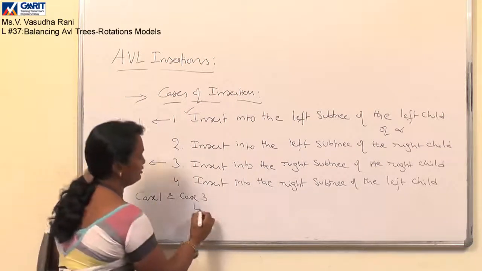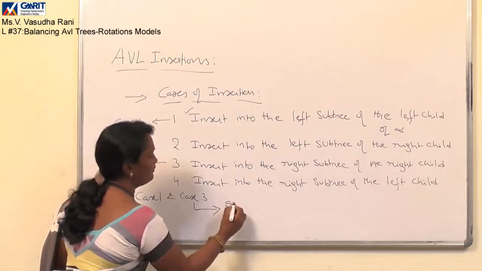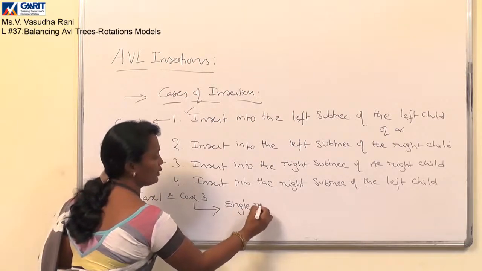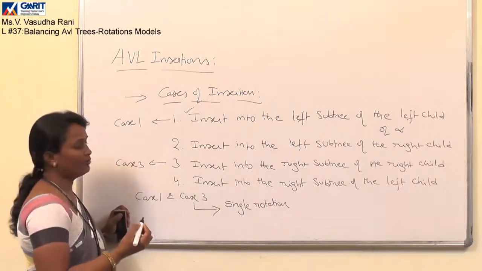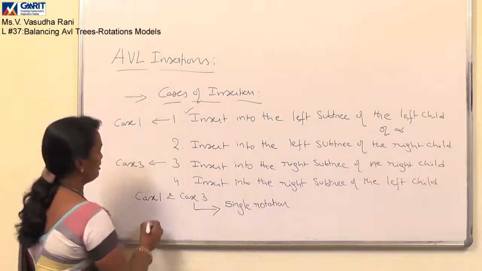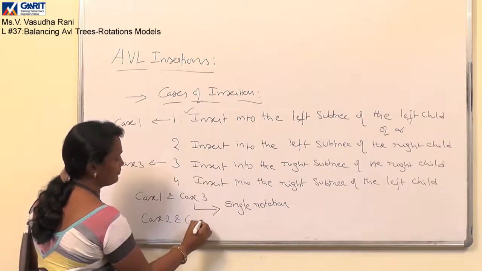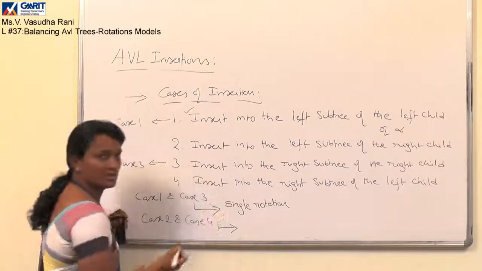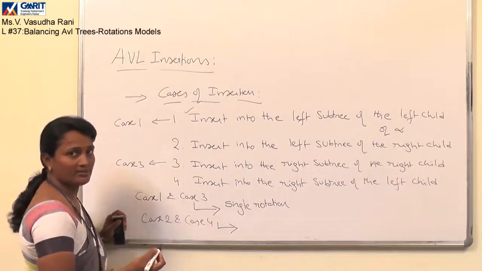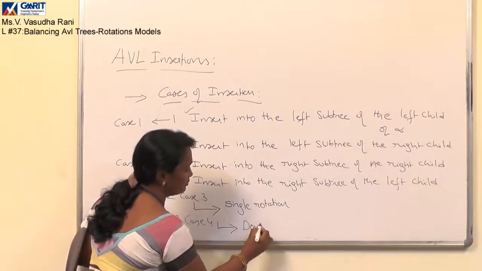Case 1 and case 3 can be resolved, for the readjustment of the AVL tree, by performing single rotation. And for case 2 and case 4, in order to readjust our AVL tree satisfying the balanced condition, we have to go for double rotation.